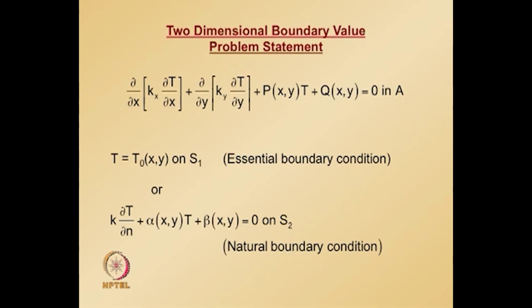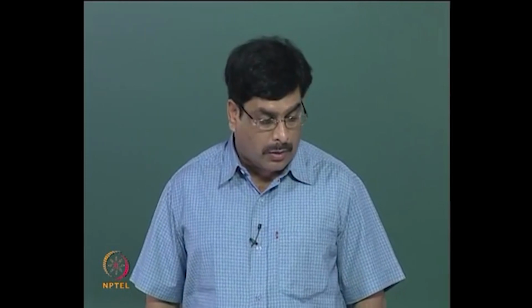So these are the two boundary conditions, either of these can be specified, and subjected to these two boundary conditions we need to solve this two dimensional boundary value problem. So that is the problem statement.